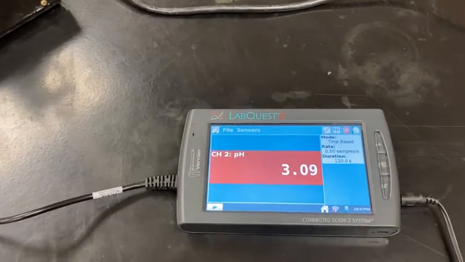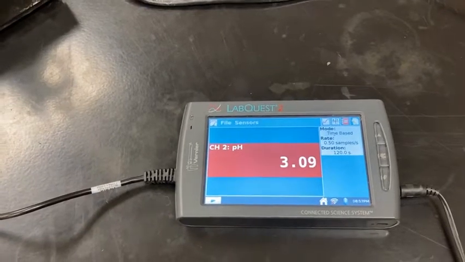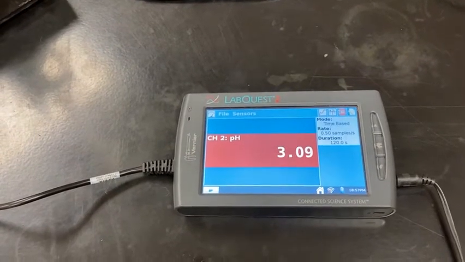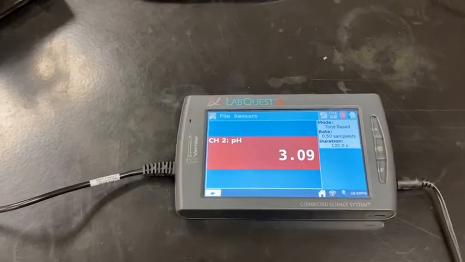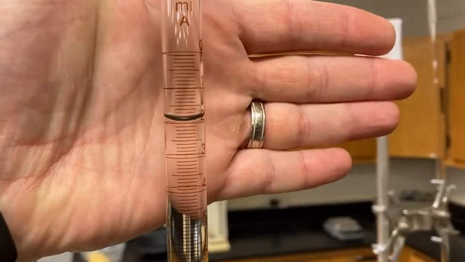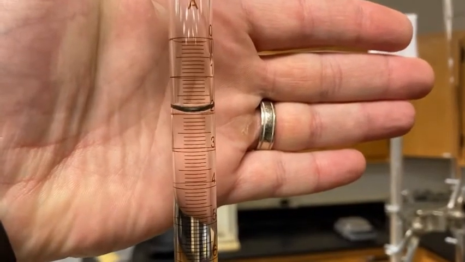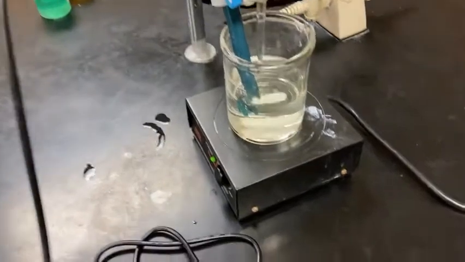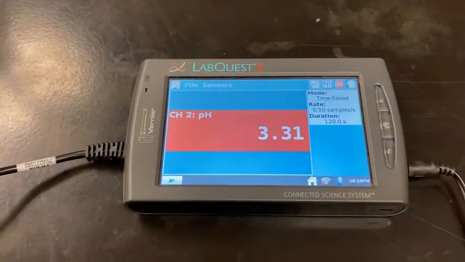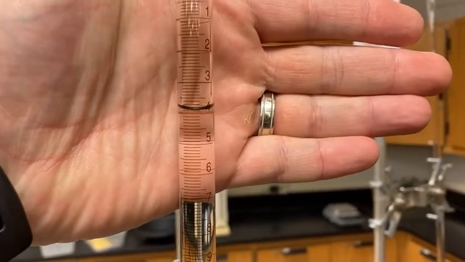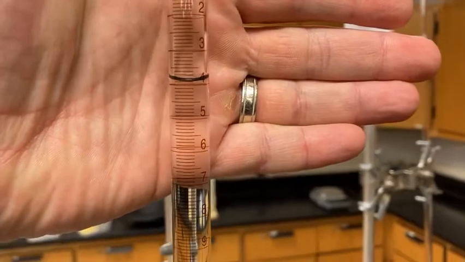Okay, so here's our initial pH with 0 NaOH added. All right, and we'll add the first 2 milliliters. All right, here's the addition I made. Line the stir bar, mix it up. And here's our pH. Here's our next addition. And our pH.